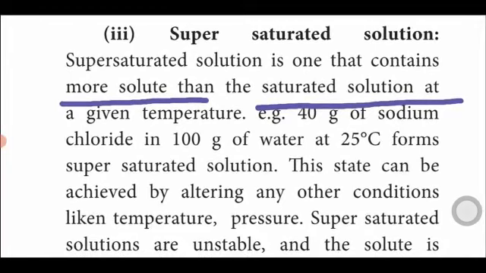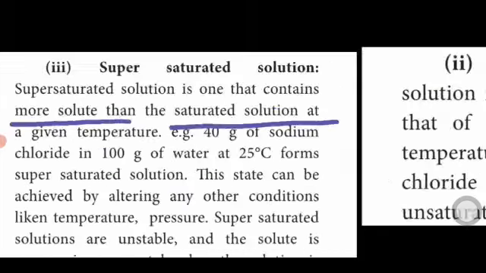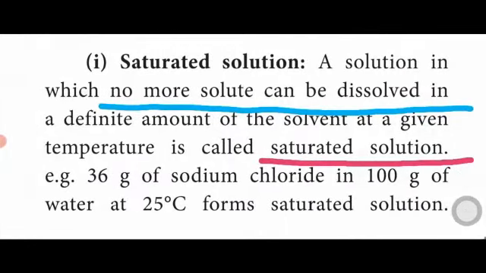Compared to saturated and supersaturated solution, what is a saturated solution? A definite amount of solute dissolved in a definite amount of solvent. That means 36 grams of sodium chloride dissolved in 100 grams of water.